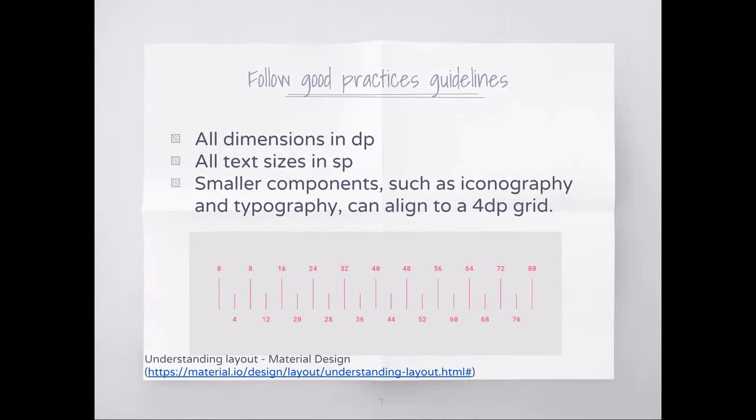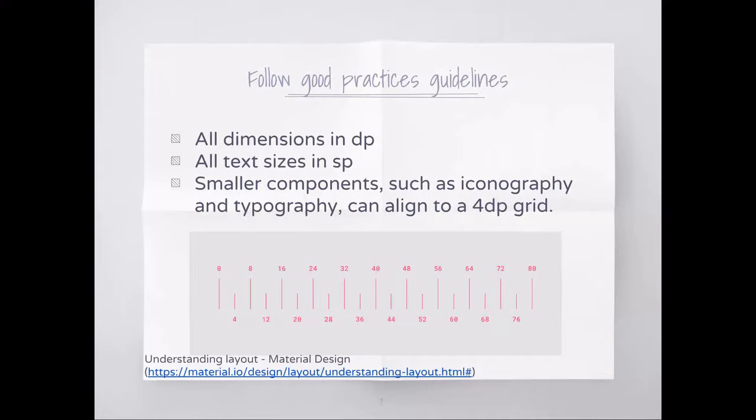For example, if you have an icon that is 8 dp high, and you want to make it bigger, the next recommended size will be 12, and the next one 16, and the next one 20, and so on.